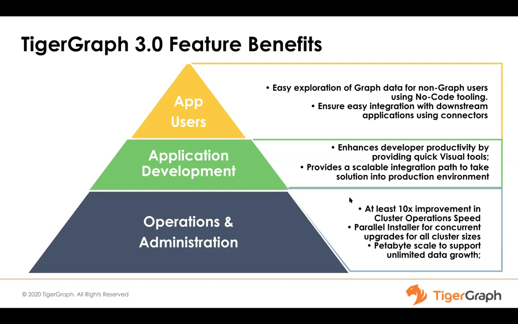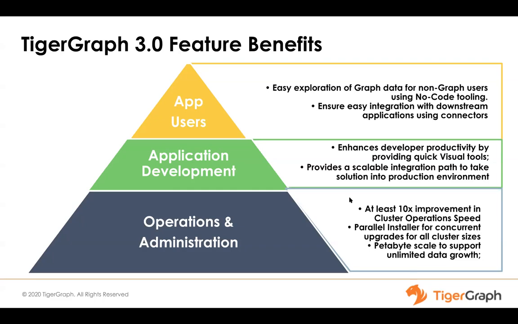At the bottom level, at the platform layer, there are three personas that we typically target with our product. At the very bottom, on the operations and administration side, you have either the site reliability teams or database administrators, the DBAs. These are the people behind the scenes who want to make sure that the cluster is running well from an operations perspective.